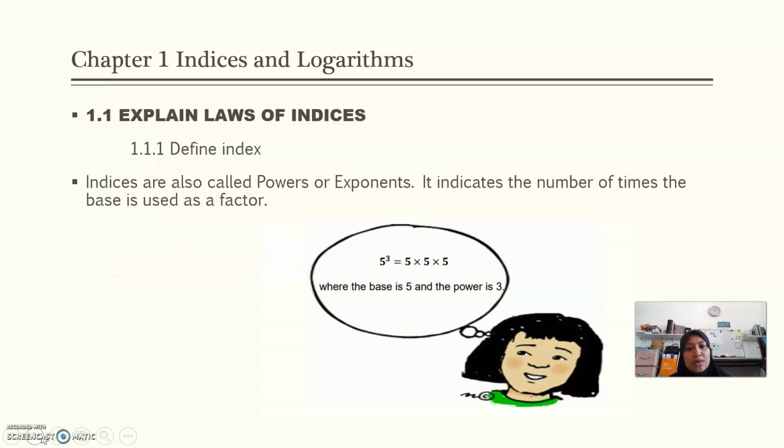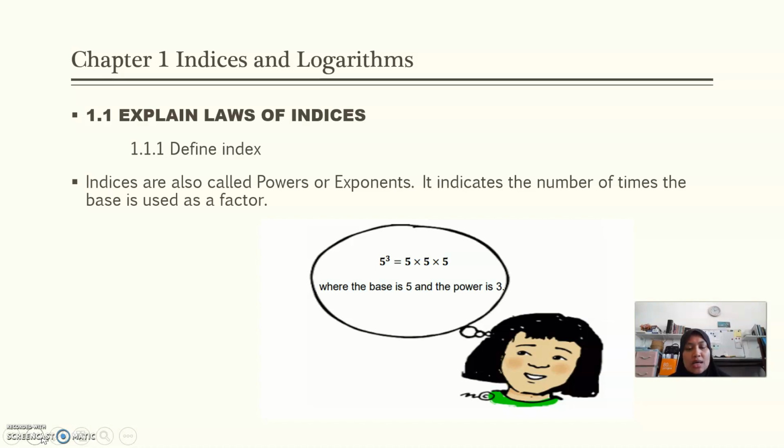Okay. We will go for the first topic, which is about explaining the laws of indices. After this class, you should be able to define what an index is. Actually, indices are also called powers or exponents.